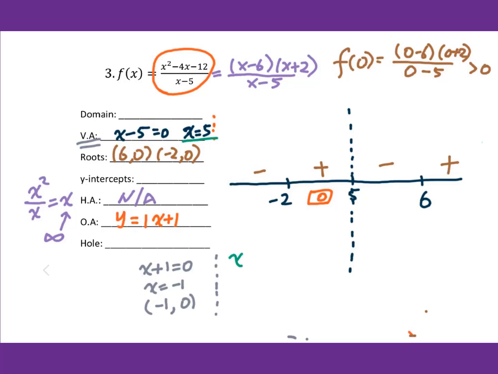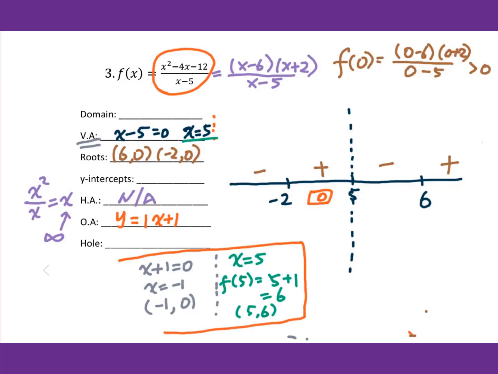Vertical asymptote line, that's x equals 5. So we plug 5 into this oblique asymptote line. You will get 5 plus 1 equals 6. So we got 5, 6. Always when you sketch an oblique asymptote line, you have to get these 2 points. Therefore, you will get -1, 0 supposed to be here, and 5, 6.